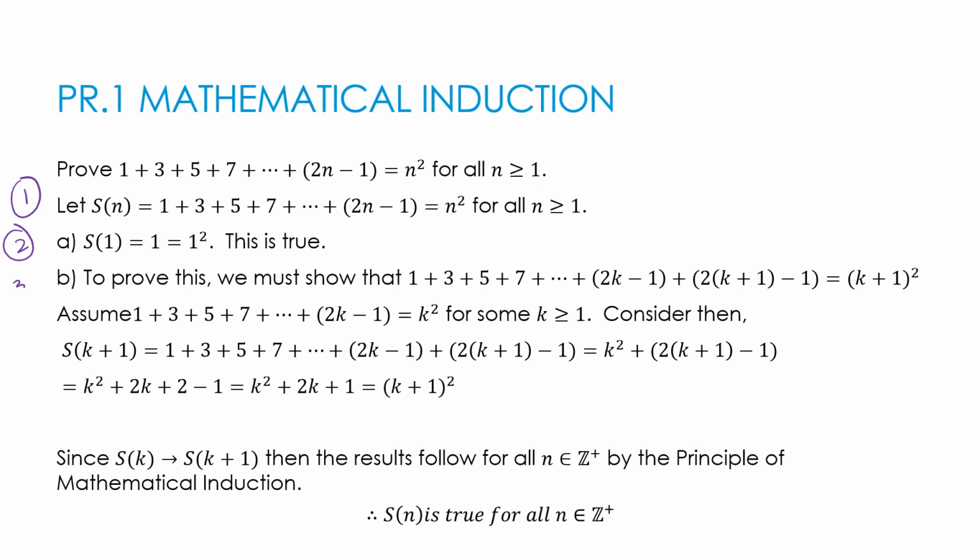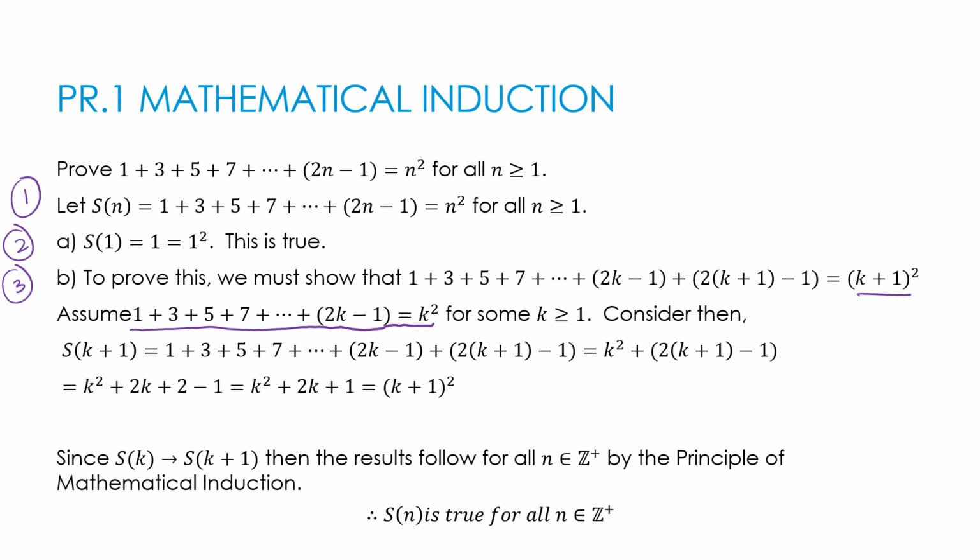Then I need to prove, assuming that it's true for S of k, which is essentially me taking the S of n statement and replacing n with k, that if I take the next element and add it to each side, it will end up as k plus 1 quantity squared. That's my end goal. Why is it my end goal?